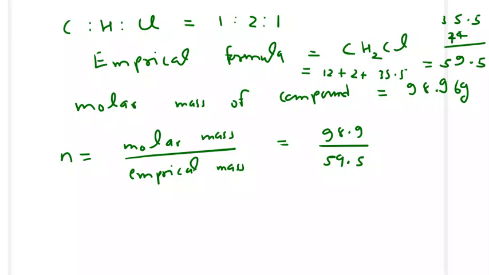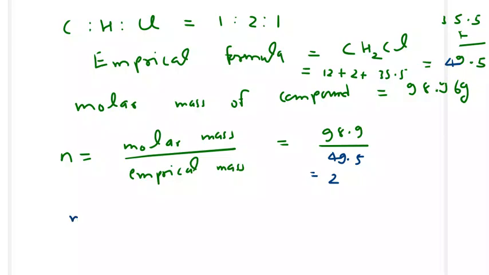Sorry, yeah, there is some mistake. 98.96 divided by 49.5 gives 2.